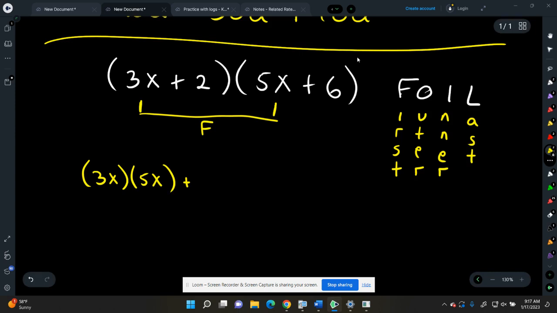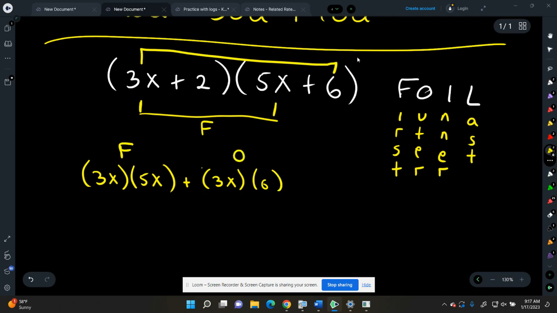Plus. Now we're going to do the outer terms, the terms on the outside edges. So there's my first, then we're going to do 3x times 6. There's my outer.